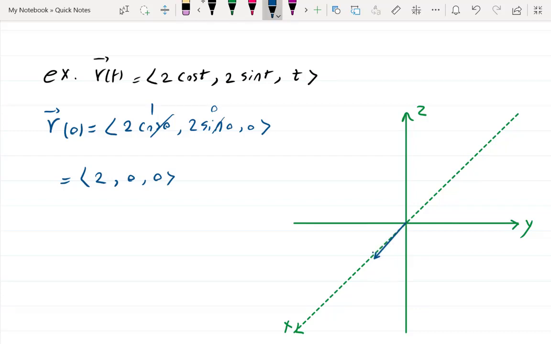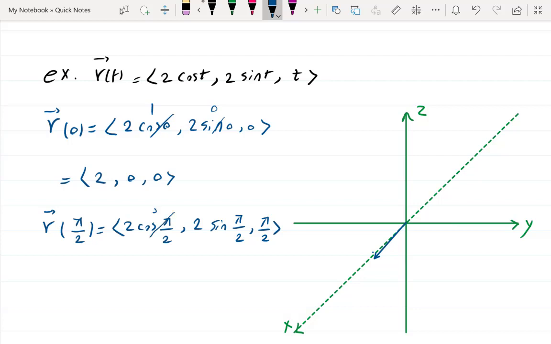The next one, we plug in pi over 2. 2 cosine of pi over 2, 2 sine of pi over 2, and pi over 2.